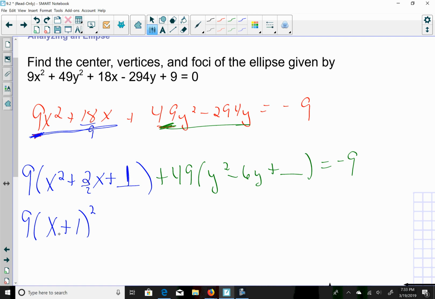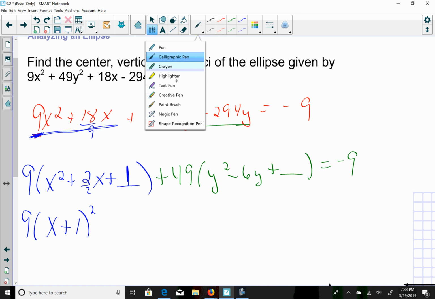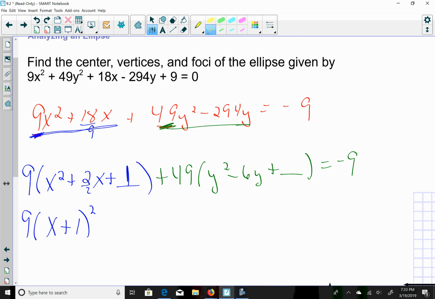So in order to have x plus 1 squared be x squared plus 2x plus 1, I have to add a 1 here. But I'm not really adding just a 1. I'm really adding a 9 times that 1. So to this side, I really added a 9. So if I added 9 to this side, that means on the other side, I'm going to have to add a 9.